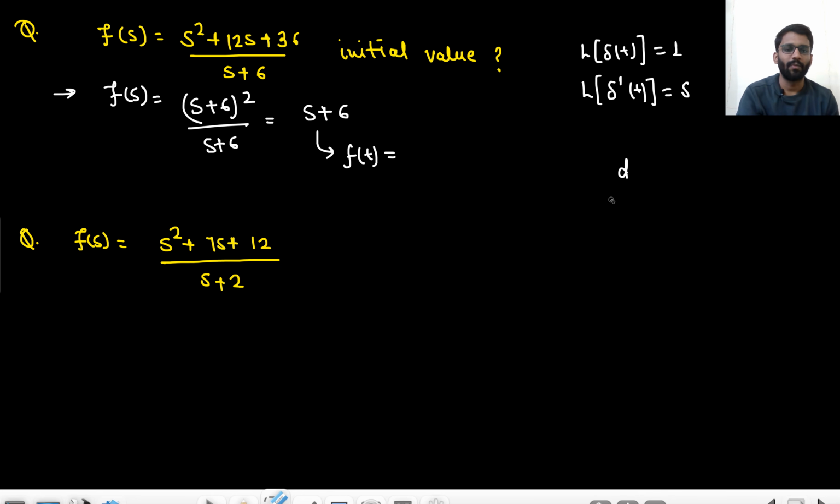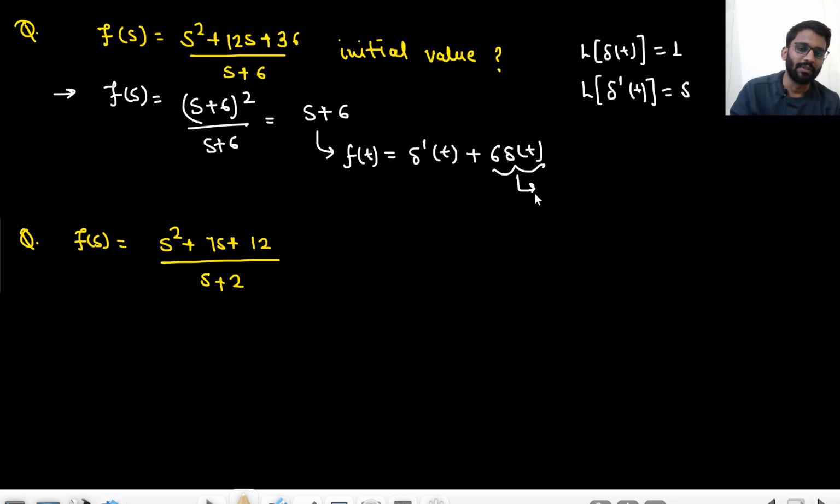So in time domain, what is the differentiation of impulse function? That you don't need to think about. What is the practical meaning of differentiation of impulse function? That also you don't need to think about. Okay. So what is the final form? That is delta dash t plus 6 delta t. So what do you see here?